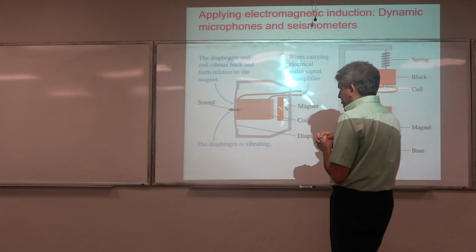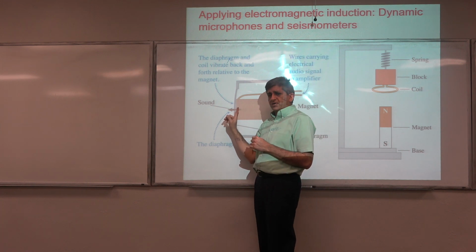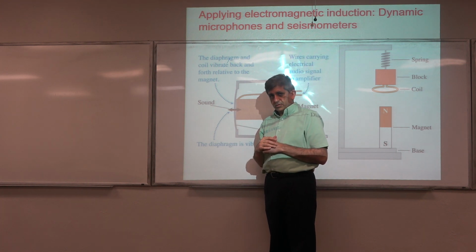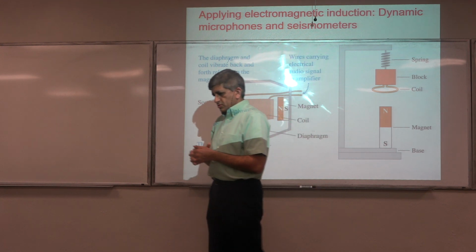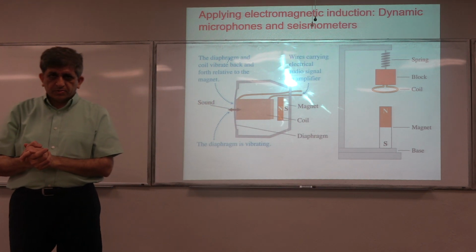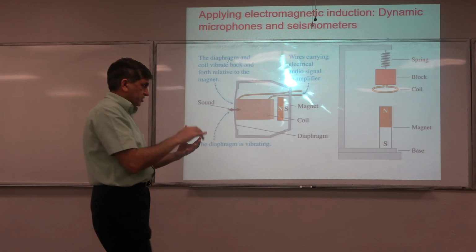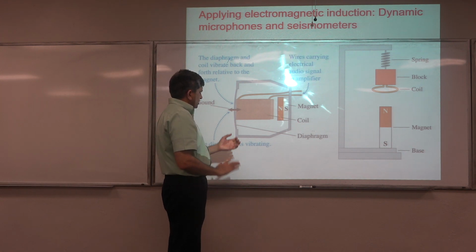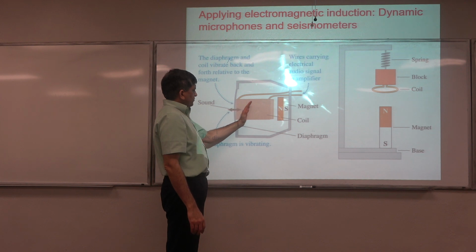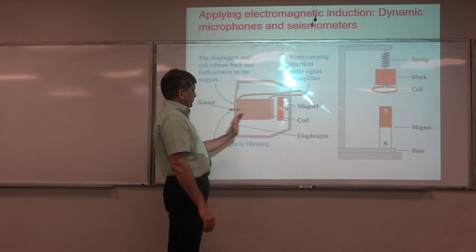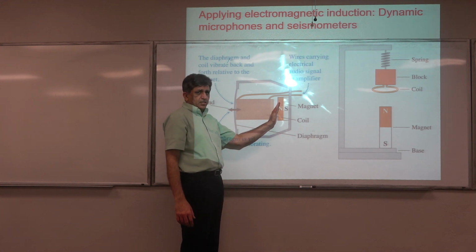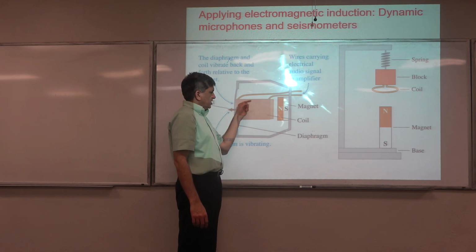Those air particles go into the microphone, right? You see the microphone has this shape. It looks like the air particles can enter into it. Now this will vibrate this diaphragm back and forth. This has a conducting coil on it.